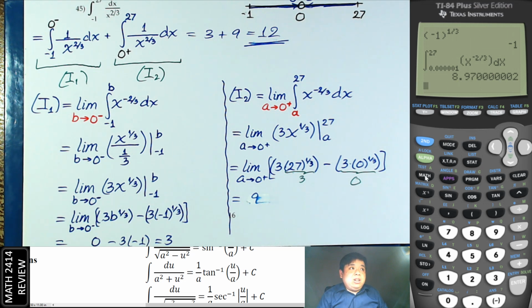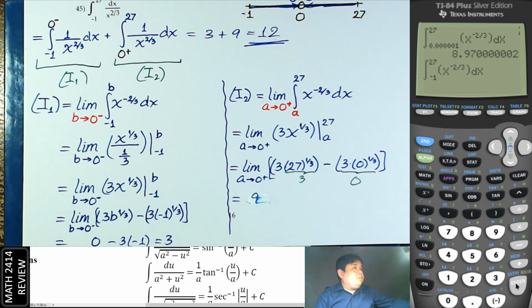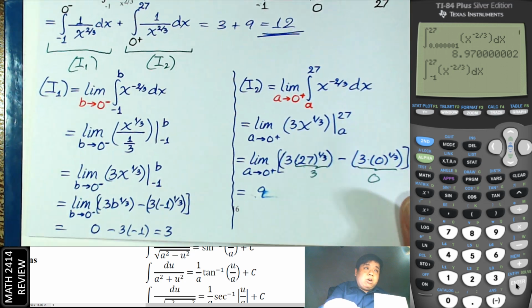By the way, if we enter this from the beginning, it will give us an error for sure. For negative 1 to 27. I would be very surprised if they give me 12. Right, just so we have a last problem on this one.